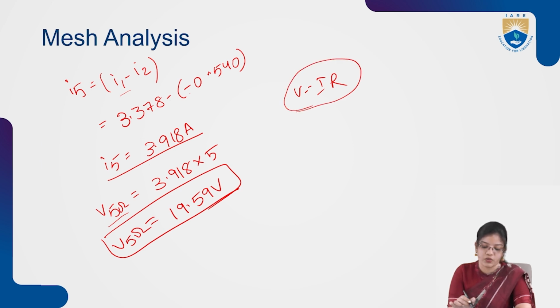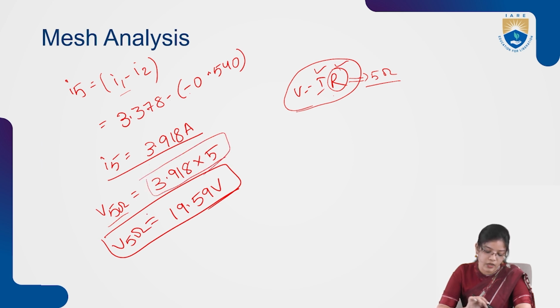We substitute the values of I and R, which is 5 ohms, because we are calculating across the 5 ohms resistance, and the current value is 3.918. The voltage across the 5 ohms resistance will be 19.59 volts.